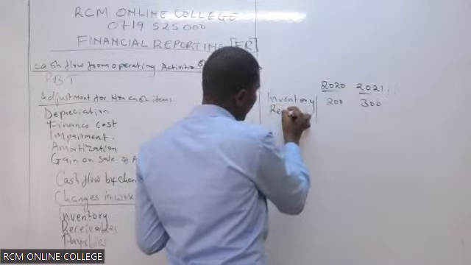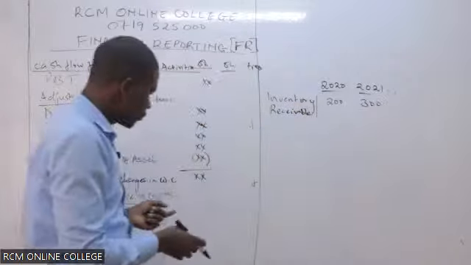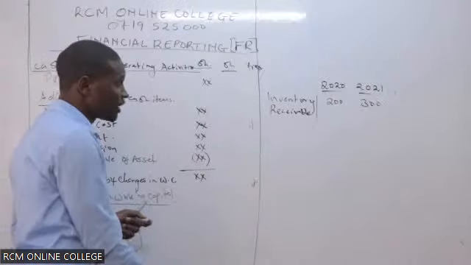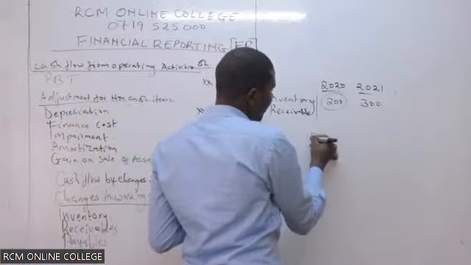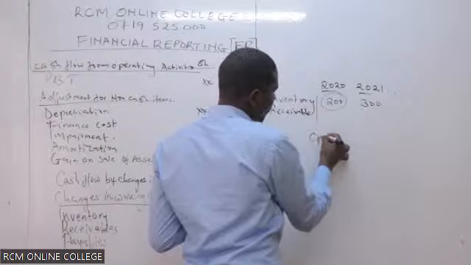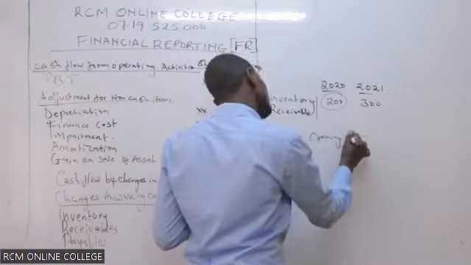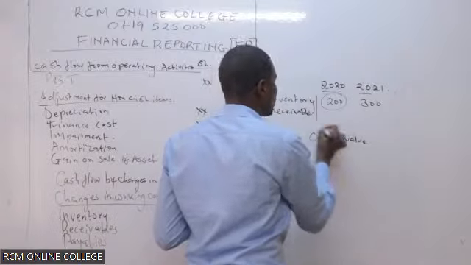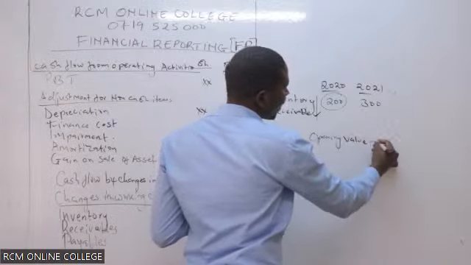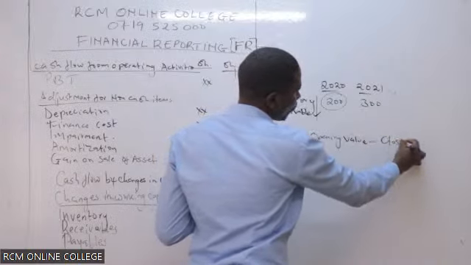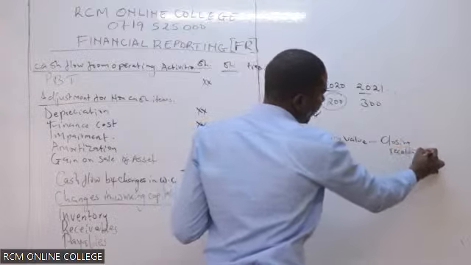The same case applies to receivables. For you to know which amount you are going to record here, it is easy. Just take the opening value, because we shall have opening receivable minus closing receivable. Whatever you get is your value to record.